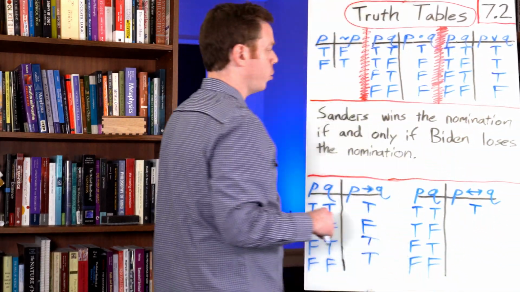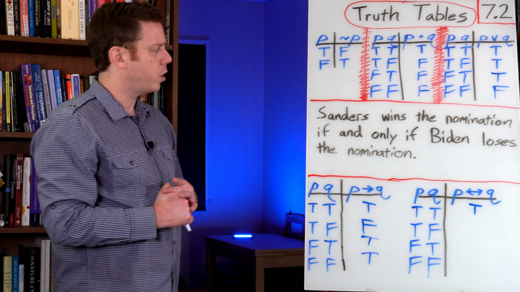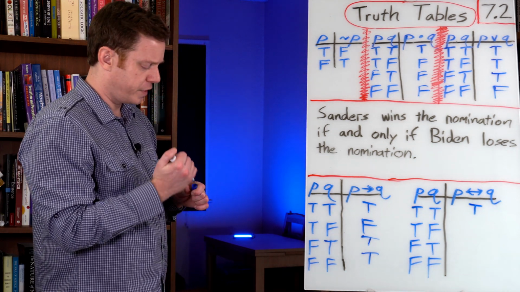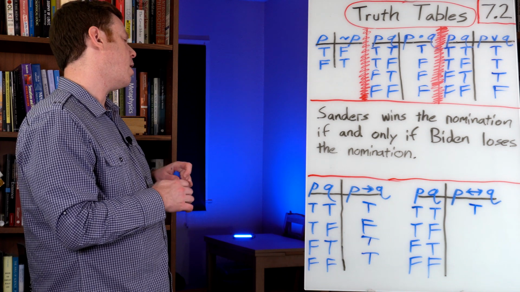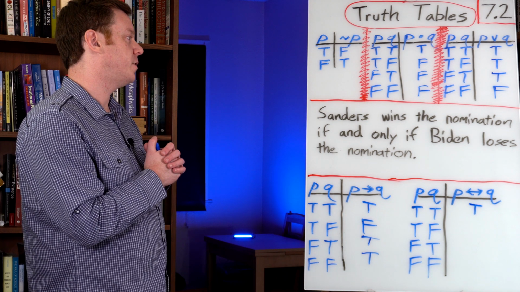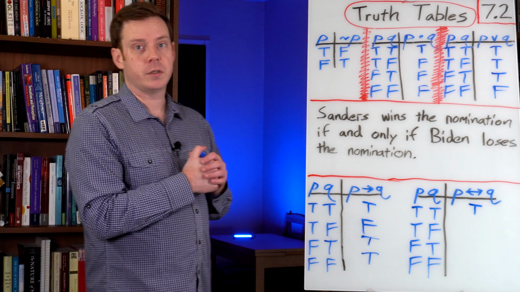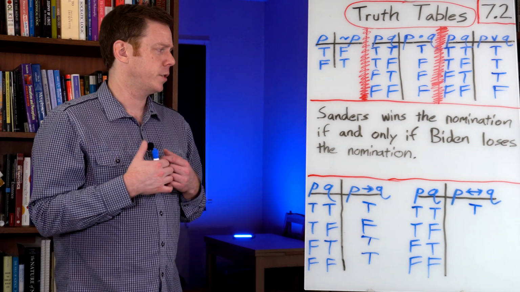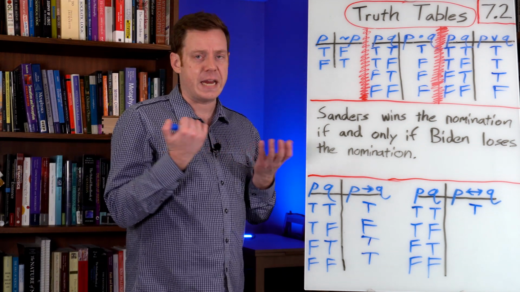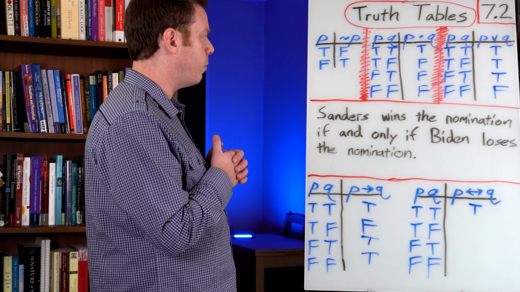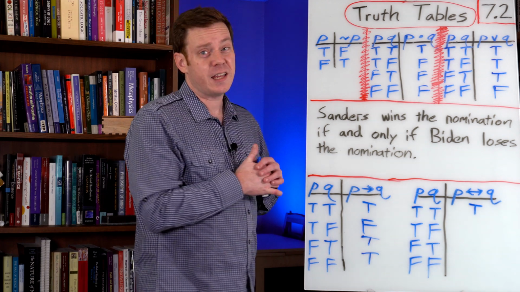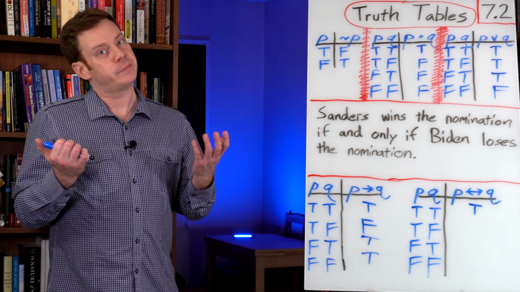Both sides are true. What about if it's true, Sanders does win the nomination, however, it's false that Biden loses, right? It's false that he loses. Well, what does that mean? Biden wins? We'll say that. So then that would mean Sanders wins the nomination and Biden wins the nomination?